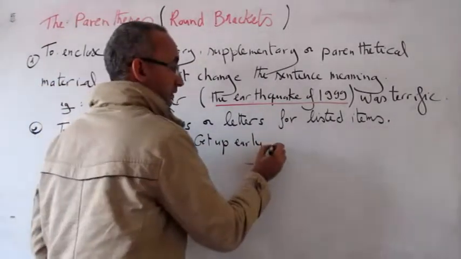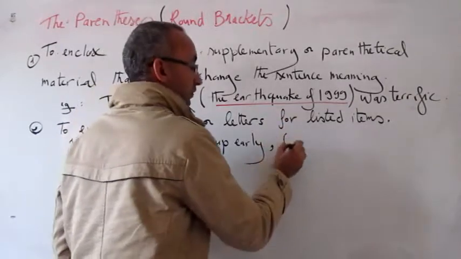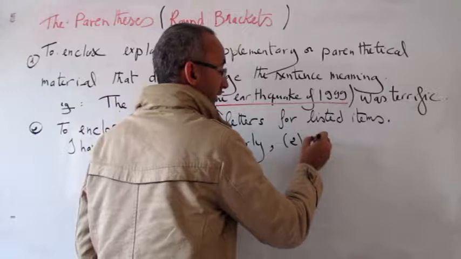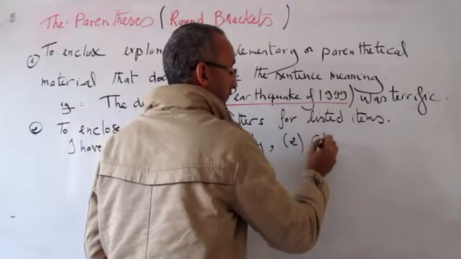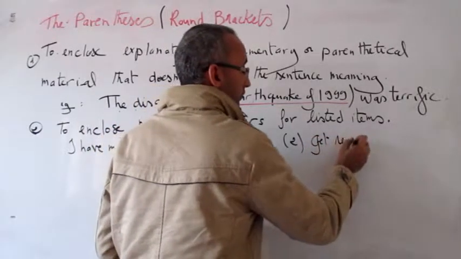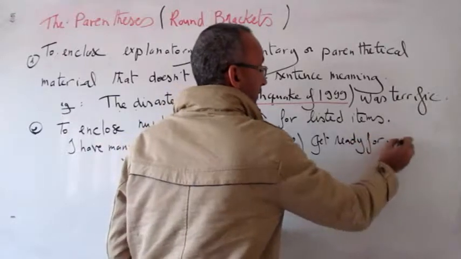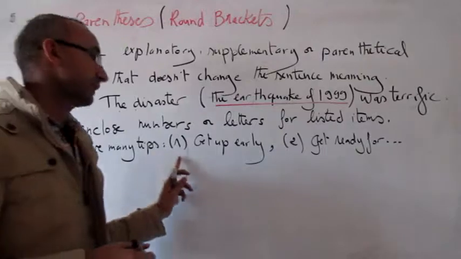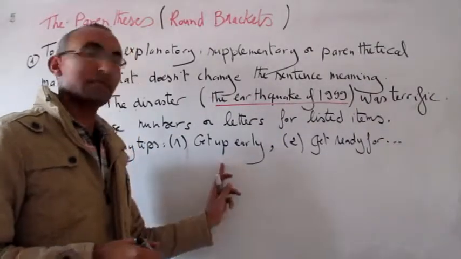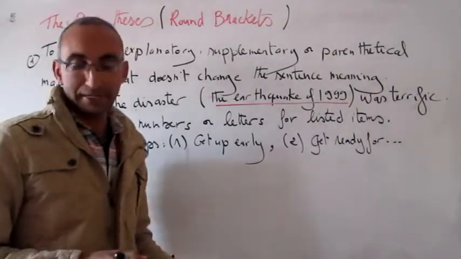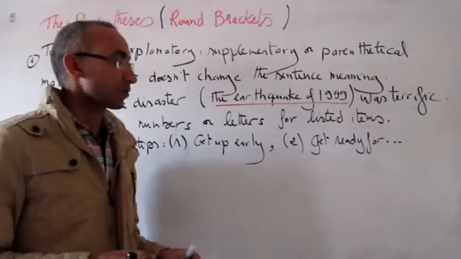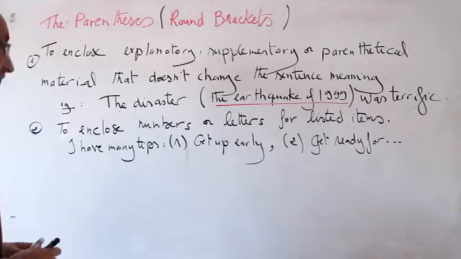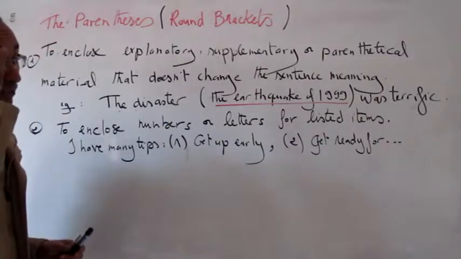Second one, for example, (2), get ready, for example, before, and here you continue your list, and whenever you introduce new elements, you place your number or letter between two parentheses. Okay, good.